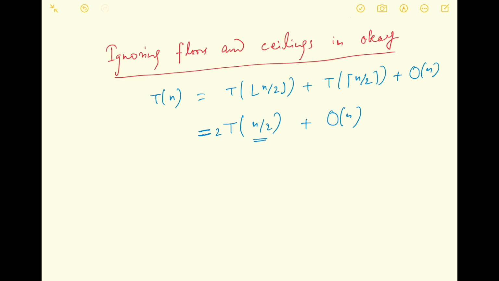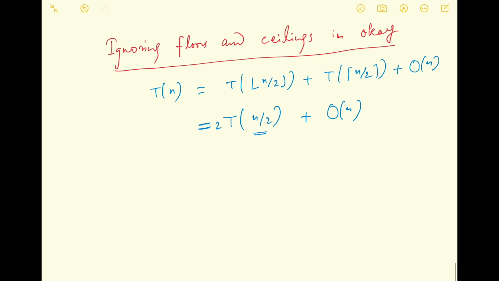It could not mean that the array size is, say, 31.5. If the initial array size is, say, 63, then n by 2 will be 31.5. So T(n by 2) is not yet defined.